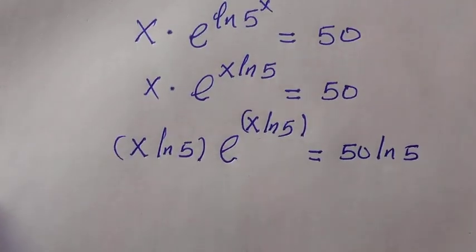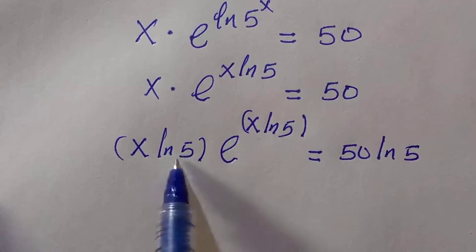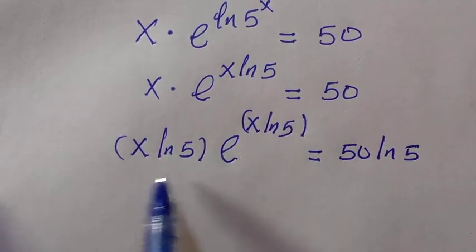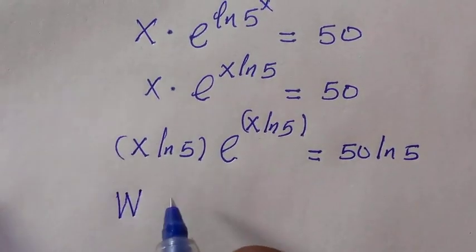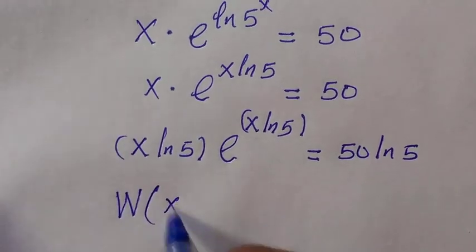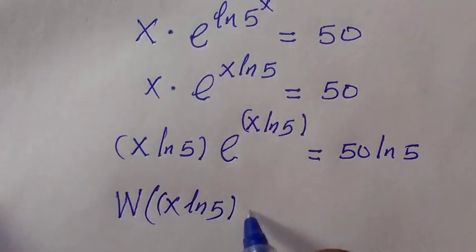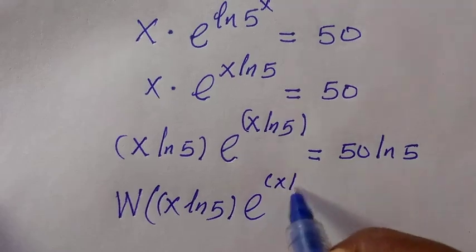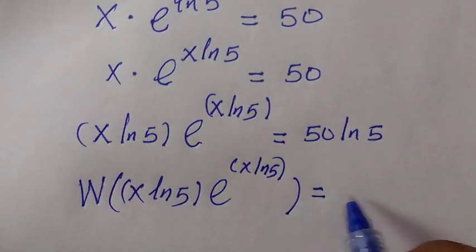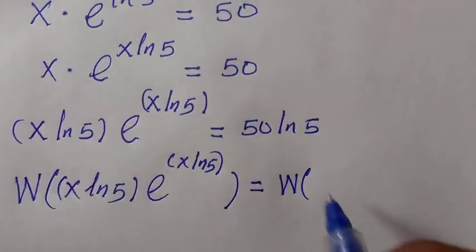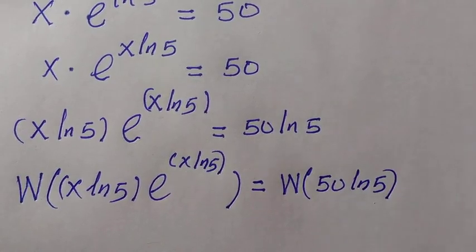So we have gotten what we want, which is x ln 5. The coefficient is the same thing as what we have here. Therefore, we introduce the function omega. By introducing omega to both sides, here we have omega of x ln 5 exponential of x ln 5 equals omega of 50 ln 5.